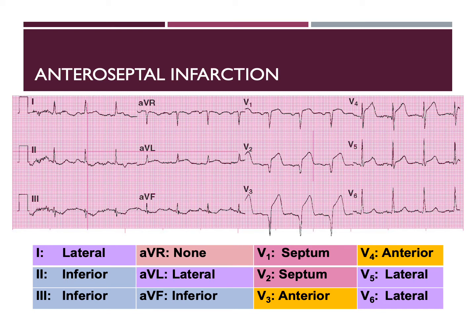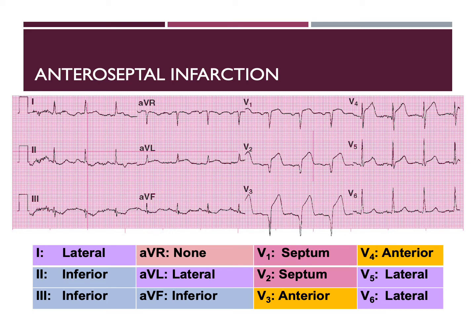Increased sympathetic nervous system activity is common with anterior MIs, with resulting sinus tachycardia, hypertension, or even both. An anterior wall MI may cause dysrhythmias, including PVCs, atrial flutter, AFib, and things of that nature.